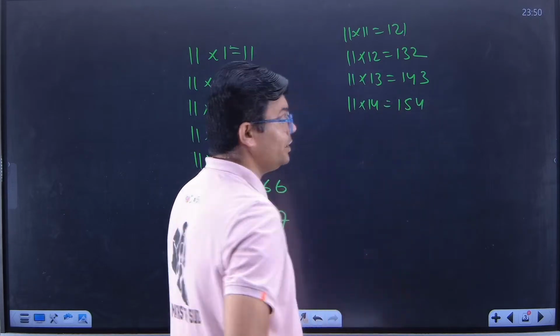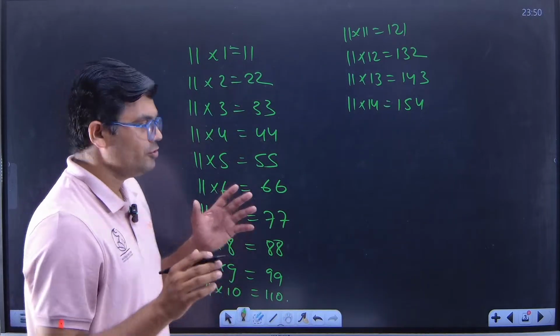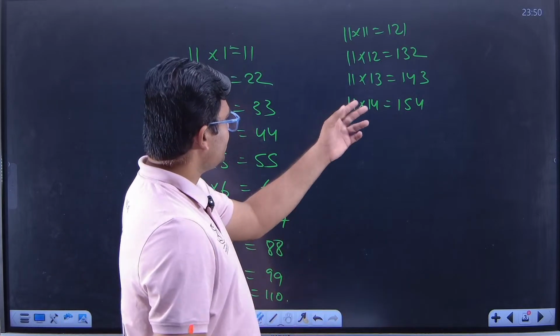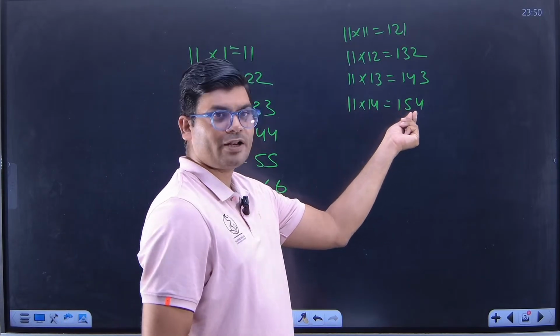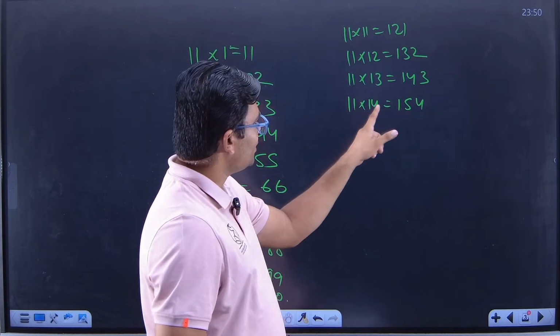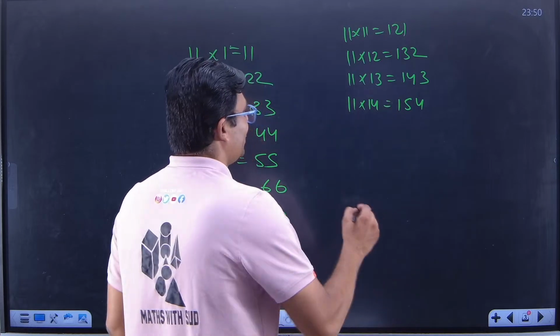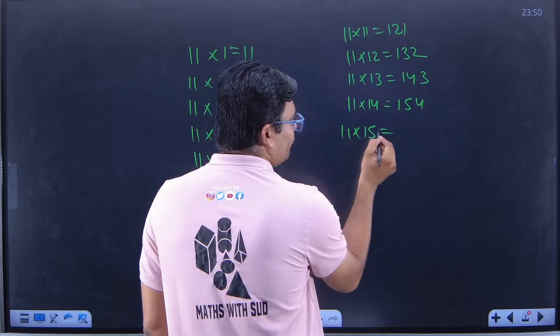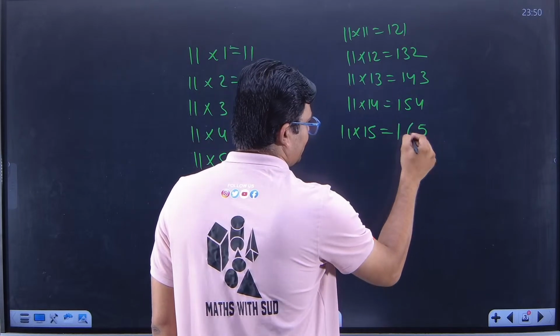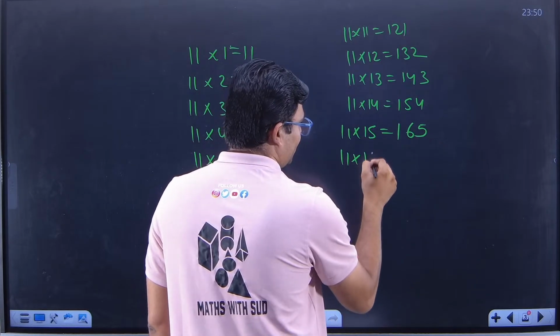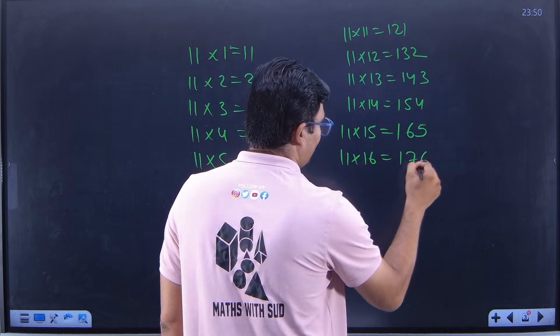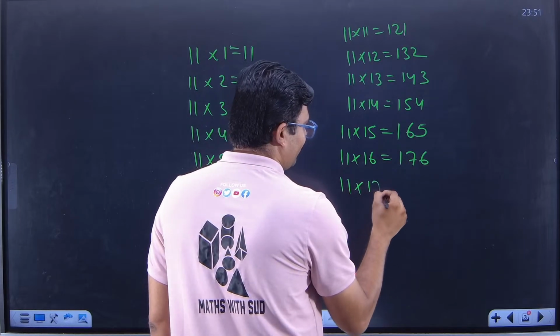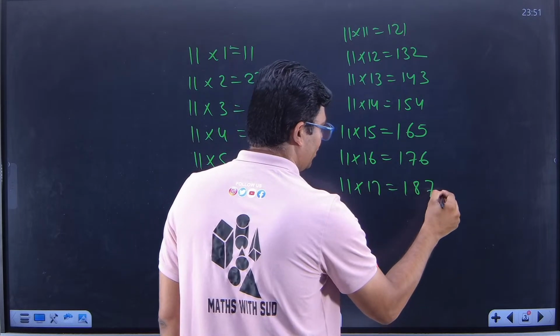Now you might be thinking how I remember that much table. It's very easy. You just need to add these two digits and write the sum in the middle. So 1 plus 4 is 5. That I will teach you when we learn the multiplication tables. So 1 plus 5 is how much? 6. 1 plus 6 is 7. 1 plus 7 is 8.